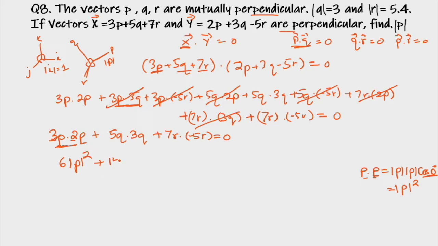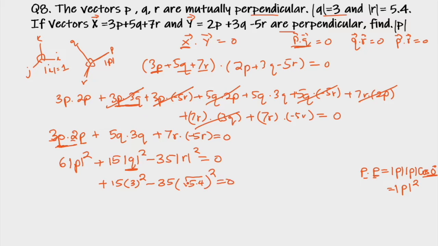Similarly here it will be 15 Q square, minus, not plus, minus 35 R square, will be equal to 0. They have given the magnitude of Q, which is 3. So it is going to be 15 times 3 square, minus 35 times square root 5.4 square, equal to 0, and we do not know the magnitude of P which they are asking.